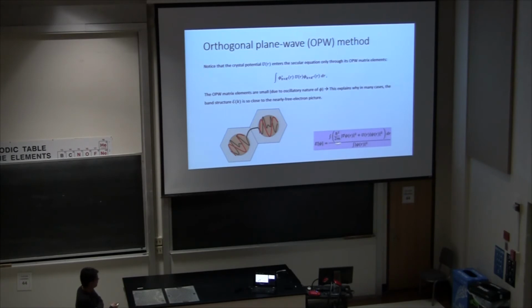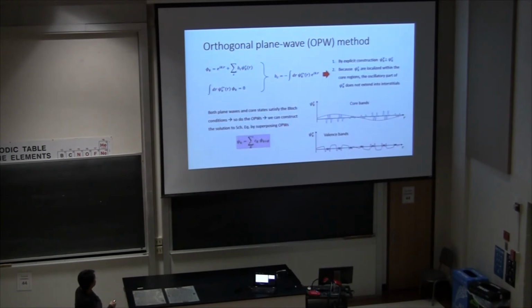That part, there's nothing very special about it. But this part that has the potential in it is going to have two contributions. One comes from the e to the ik dot r, and the other part comes from the core wave functions.